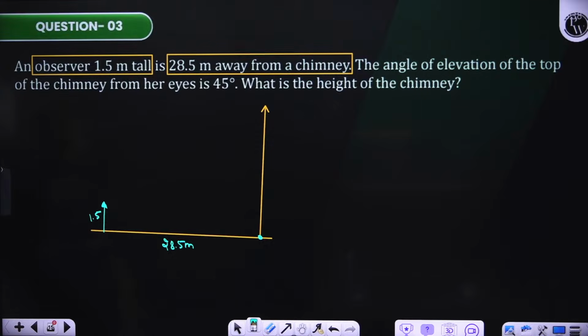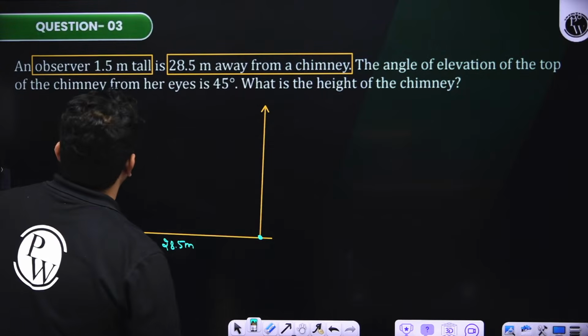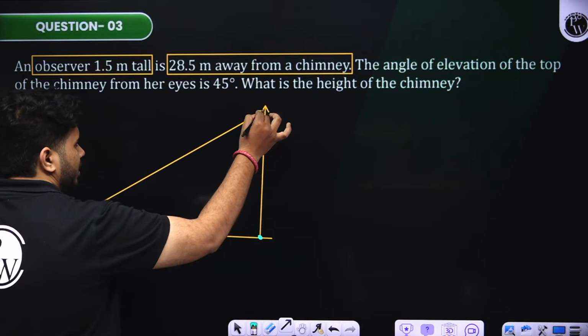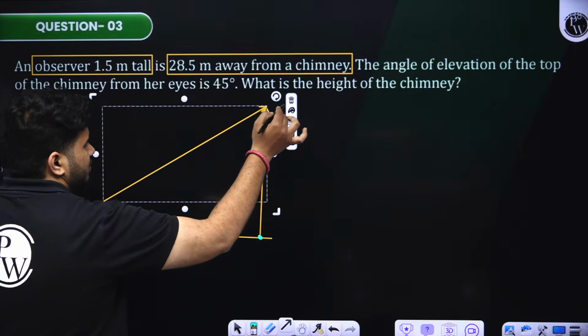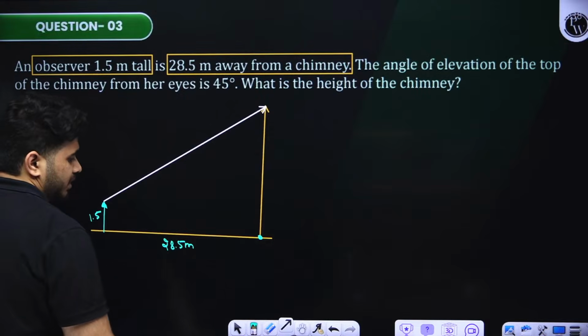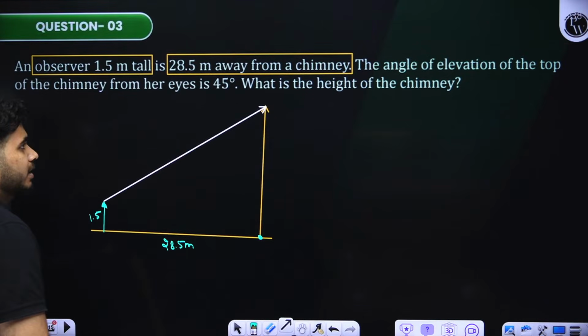The angle of elevation from her eyes to the top of the chimney is 45 degrees. What is the height of the chimney? Try to do it, students. It is easy, nothing difficult, right?